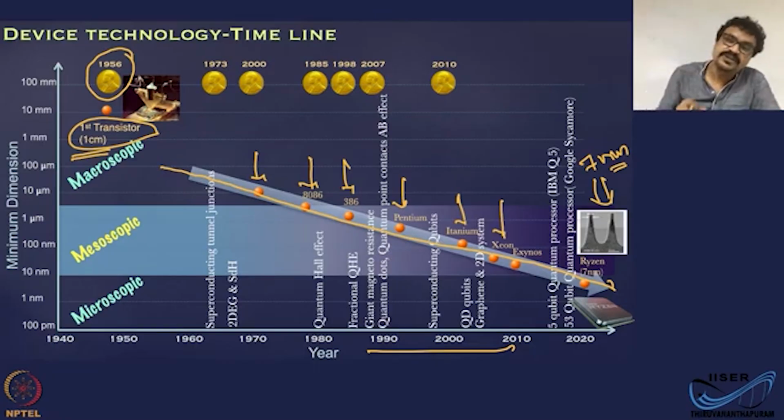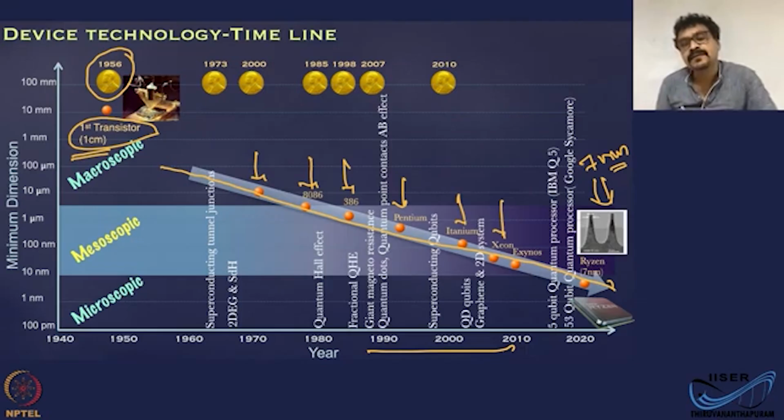When I say 7 nanometer, what that means is the smallest repeating dimension inside it. It could be the size of the gate, the size of the channel. I will get into detail what we mean by channel in a minute. We started with something 1 centimeter and we reached something of the size of 7 nanometer.